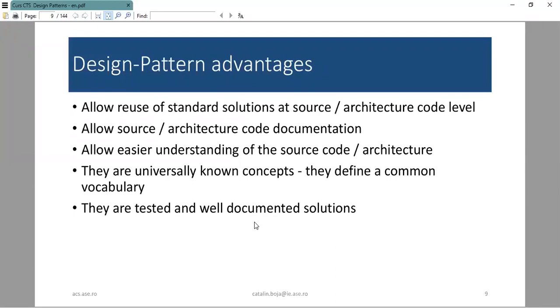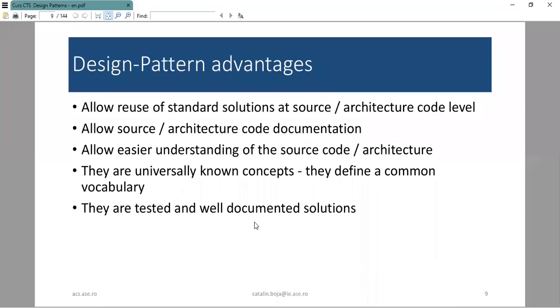Another advantage is that these design patterns are standard. So they have a standard definition or implementation, and this will also help you work with your team members. If you know what a singleton is, and they should also know this, because a singleton is a definition of a specific design pattern. Everybody knows them by their name.